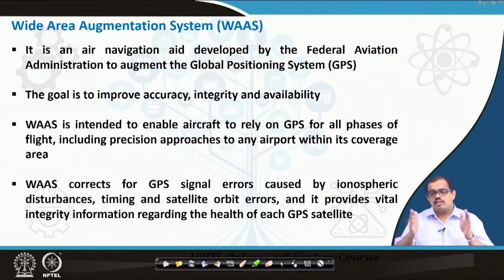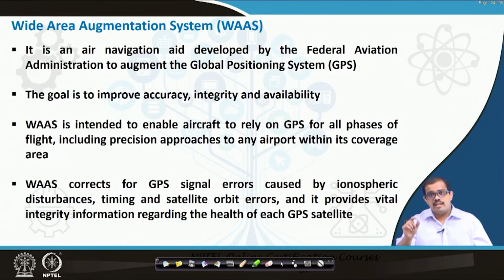Most of the information you see here is that the signals are sent into systems which are automated, and the GPS navigation system tracks it all along, so that the automation has absolutely no error. That is done through the WAS system. WAS is intended for all phases of flight, including precision approach to any airport within its coverage area.